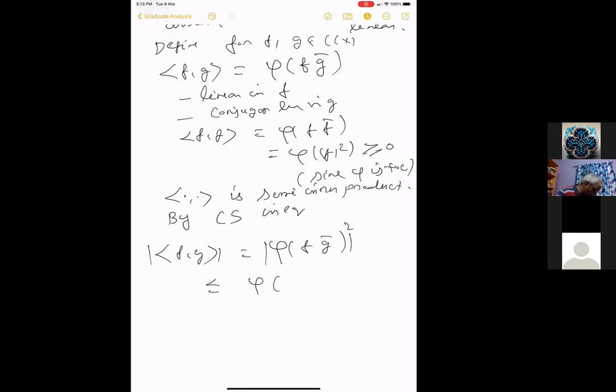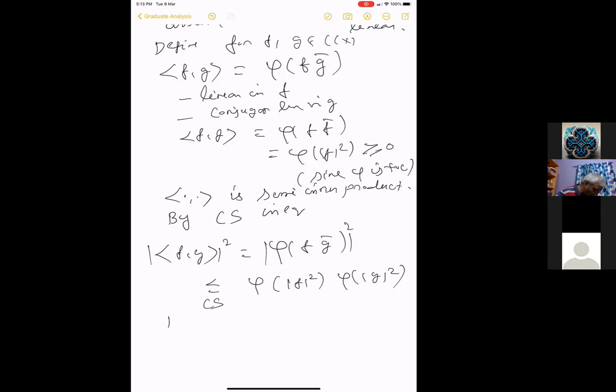The square is outside the modulus. This is the Cauchy-Schwarz inequality applied to this inner product.